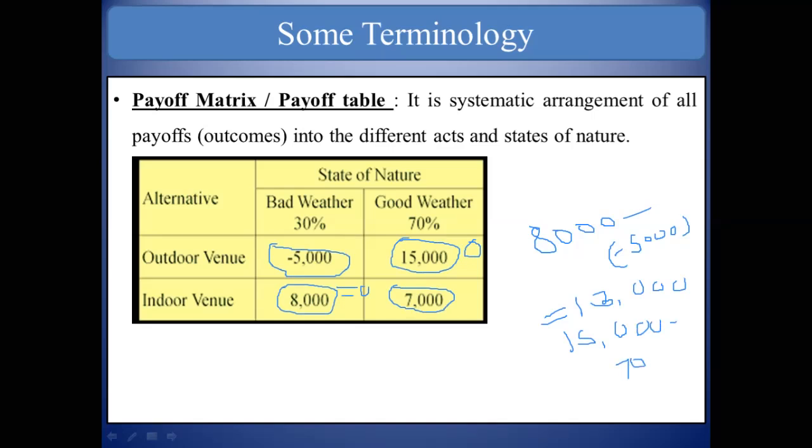So you will ultimately lose 8,000, because if you select this option, then you will earn 15,000, and it is more than the 8,000 of selecting the indoor venue. So this is what opportunity loss is. I hope now it is clear to all.